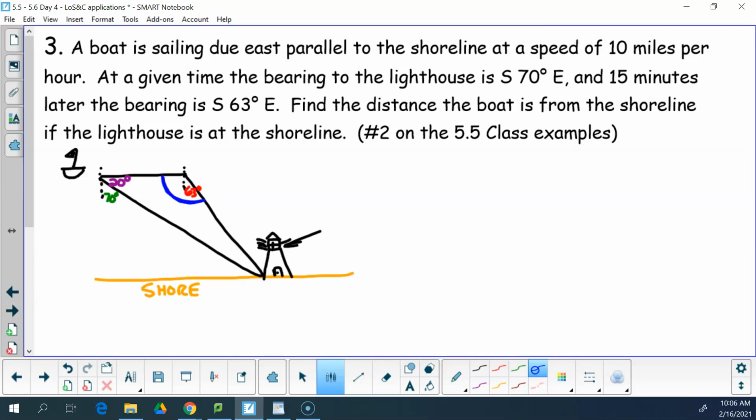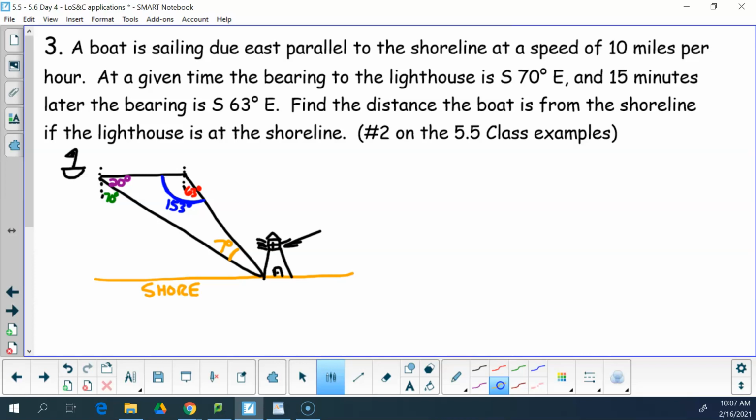Yep, 153. Which means, how big is this shoreline angle? Seven. Yep. So we got the three angles of our triangle. We just need a side now.